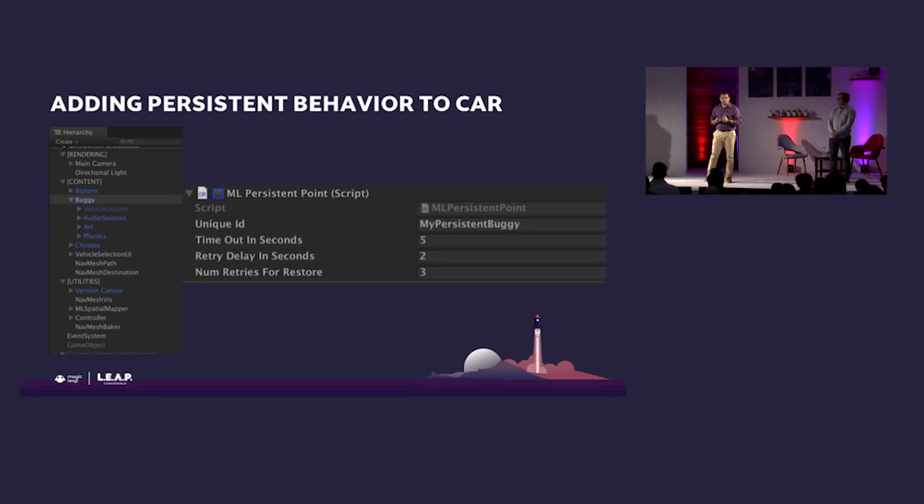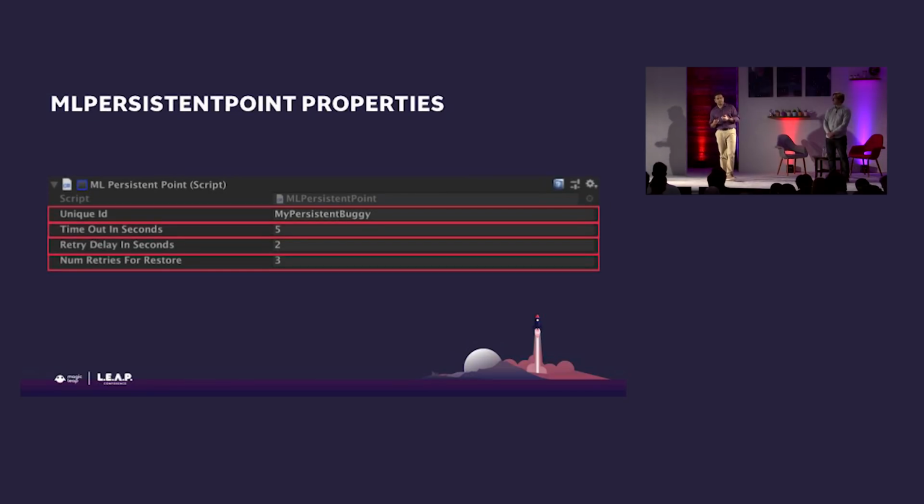The unique ID is used for identifying the association between the content and the PCF. Make sure that every object you want to persist has a unique ID associated with it. The timeout in seconds is the amount of time we wait looking for a PCF to associate your content with.